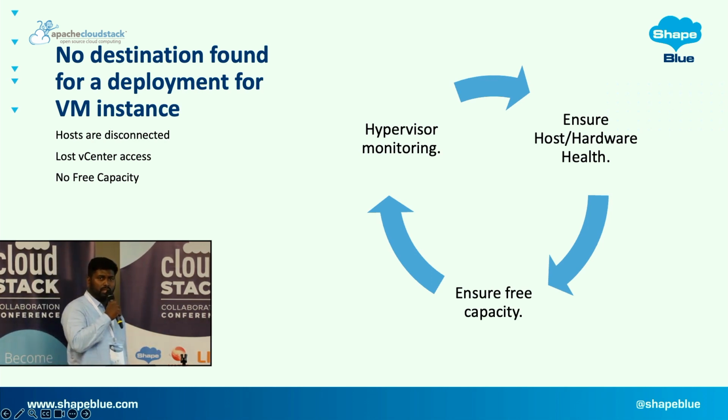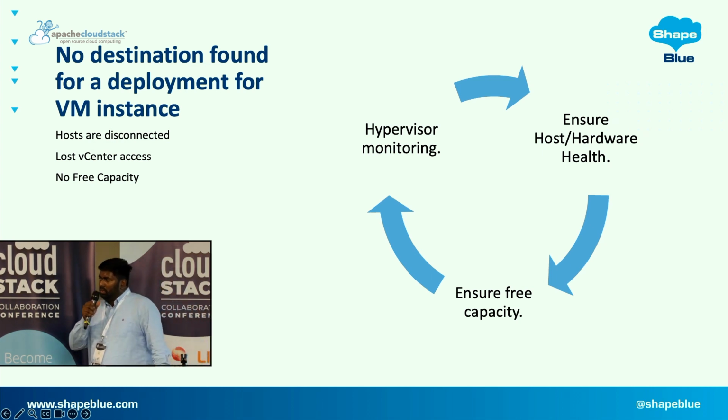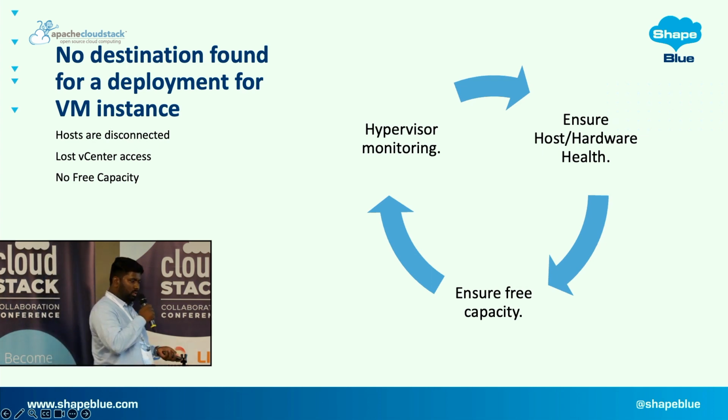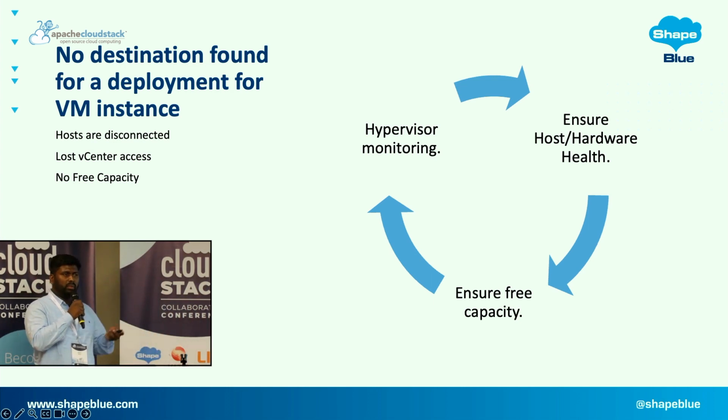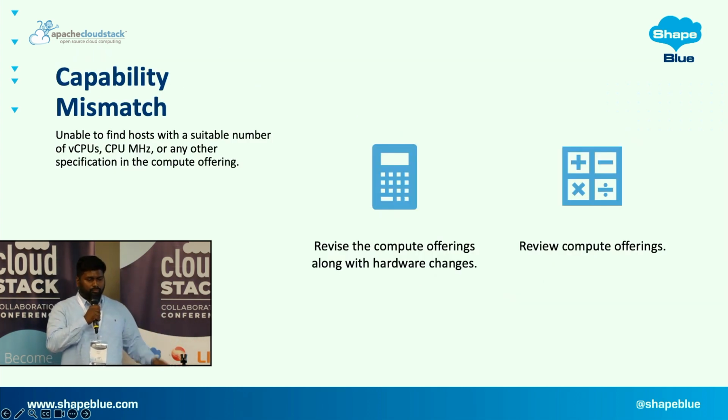And if there is no free capacity as well, you could hit this error. So how do we overcome this situation? You ensure your server host hardware and the software on the hypervisor are in good health. You implement good monitoring on your hypervisor platform. Ensure there is free capacity.